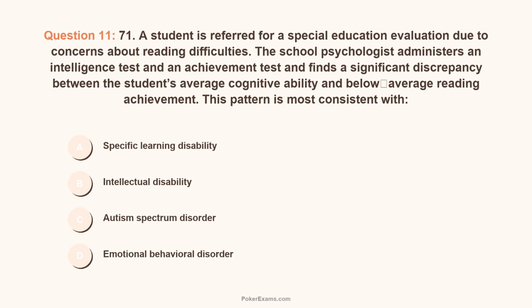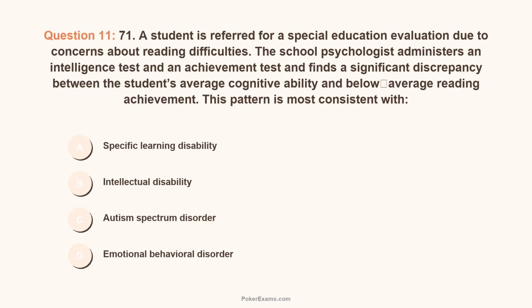Question 11. 71. A student is referred for a special education evaluation due to concerns about reading difficulties. The school psychologist administers an intelligence test and an achievement test and finds a significant discrepancy between the student's average cognitive ability and below-average reading achievement.